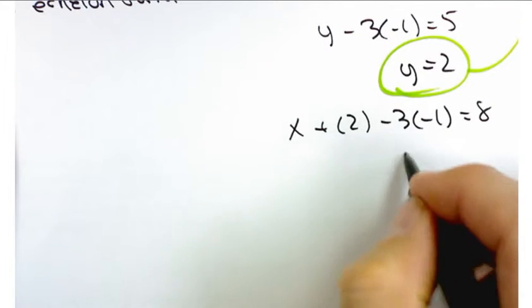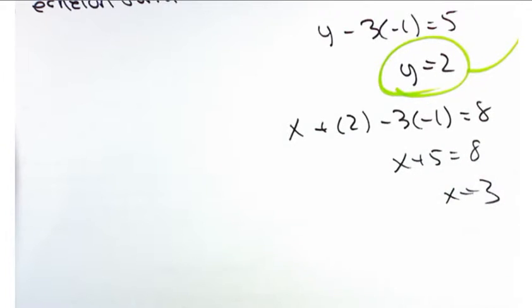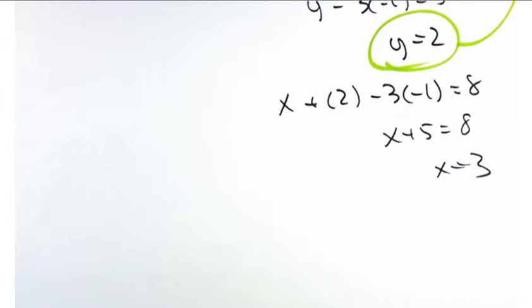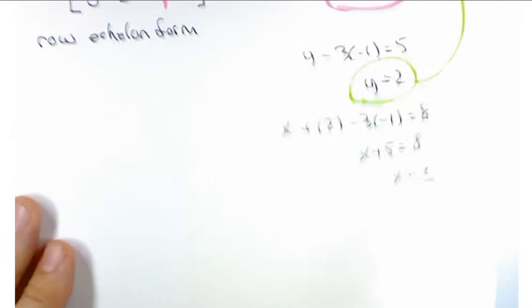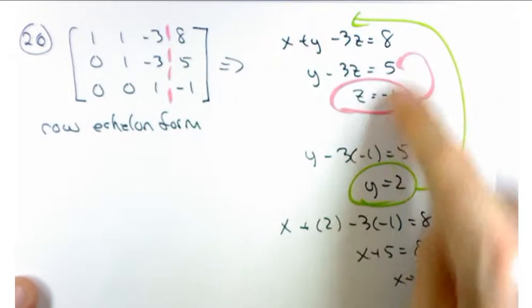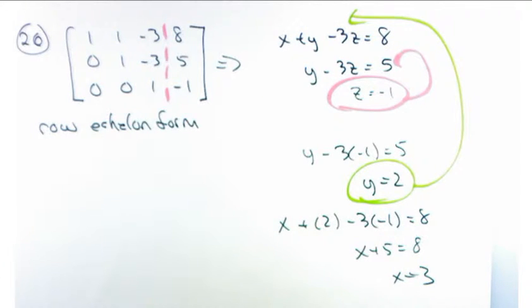So it's going to be x plus 5 equals 8. X equals 3. Hey, that's special. That worked out pretty nice, didn't it? If you have your matrix in reduced row echelon form, you can always kind of unzip these problems. This subs to here, both those into there. Done. Rue, did you have a question?